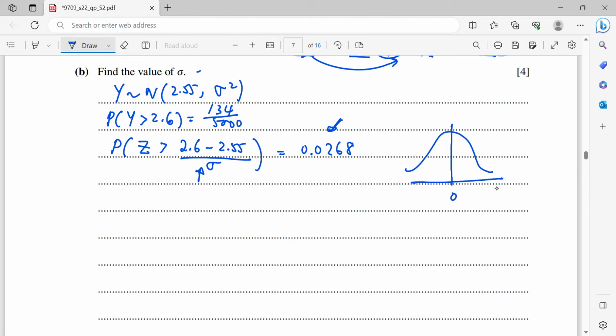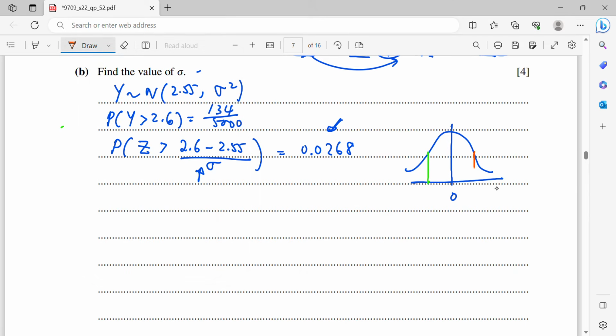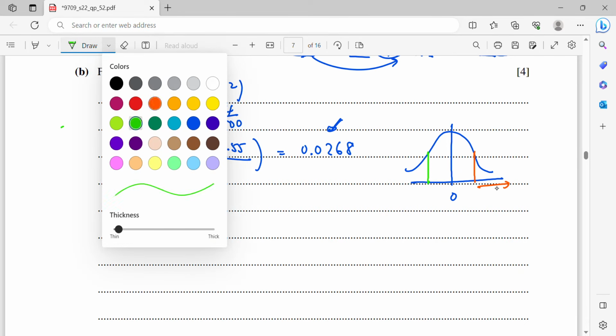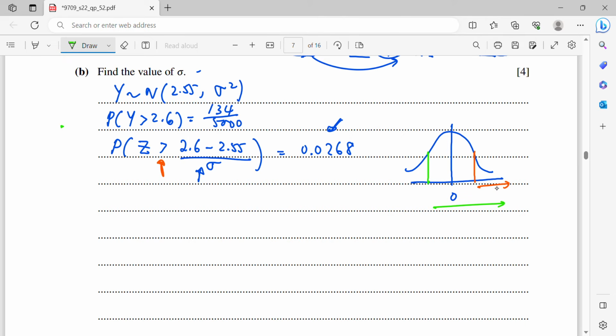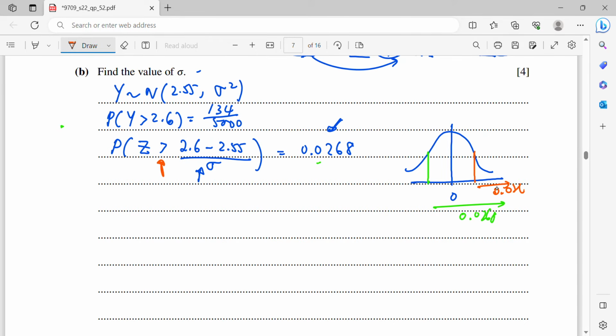I can get it by looking at the probability. So you have two choices. The first choice is the green line, and the second choice is the red one. Now look here: this is more than, and more than means it will be towards the right side. So you have to label the probability 0.0268 on one of them.